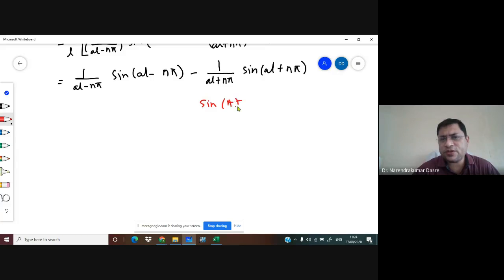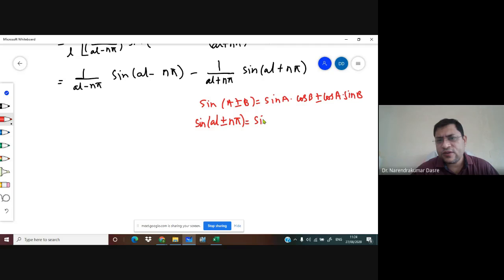So we'll simplify sine of A plus or minus B is equal to sine A cos B plus or minus cos A sine B. And hence what we have here, sine of AL plus or minus n pi, is sine of AL cos of n pi plus or minus cos of AL sine of n pi.